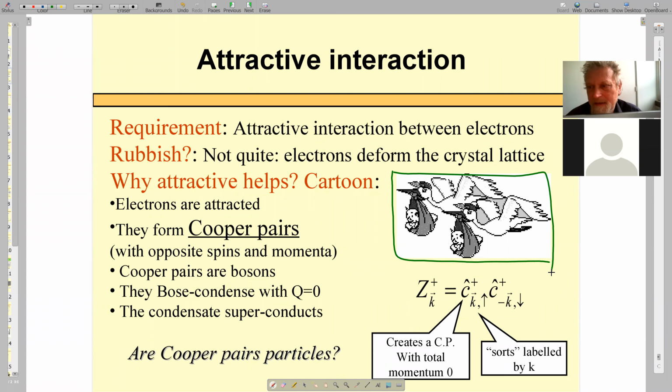It's not quite true, because it's not electrons in a vacuum we are dealing with. Those are electrons in the crystal lattice. They can deform the lattice around each electron, and then it becomes energetically favorable to come together to the same point and deform it more.